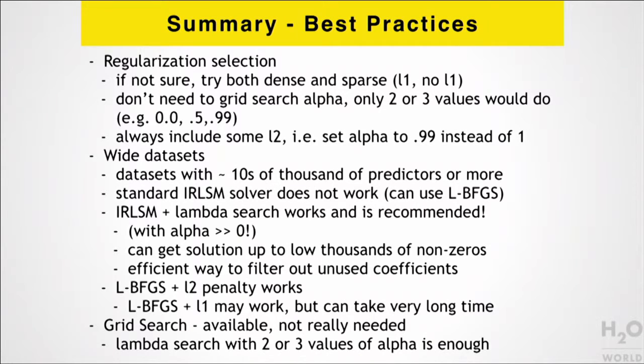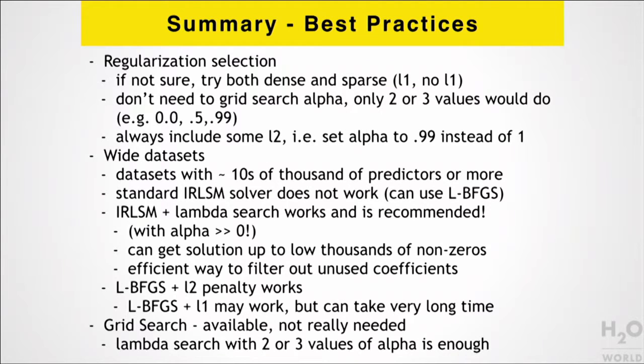In many cases you want a sparse solution, either because you have too many features, or that's your requirement that you really want to understand your model, or you assume that you have a lot of noise in the data. In other cases, you don't know, and then the best way is always to try both. What I usually do is try L2 only with LBFGS, and then another model with alpha either 0.5 or 0.99.